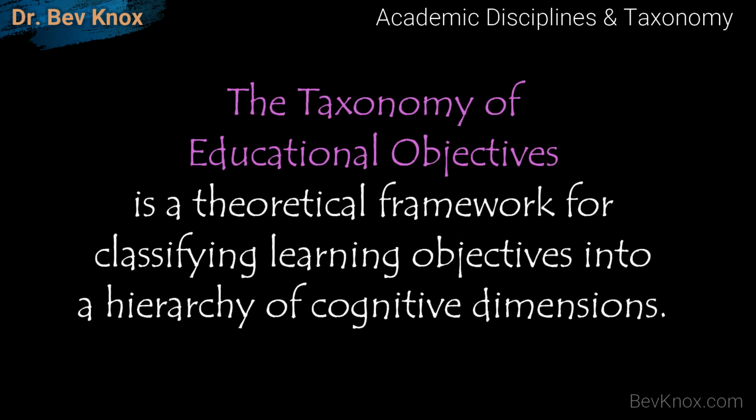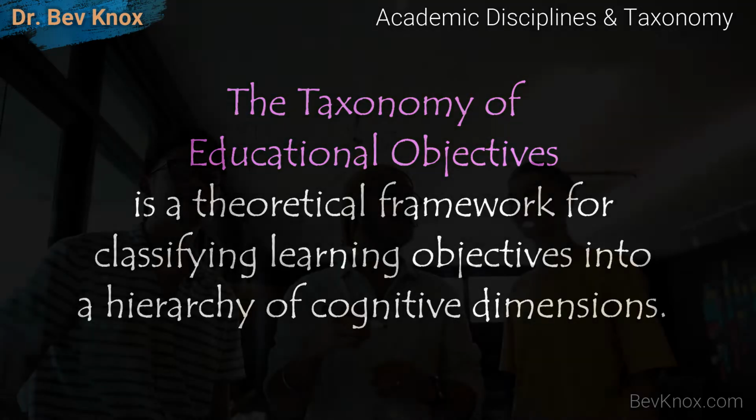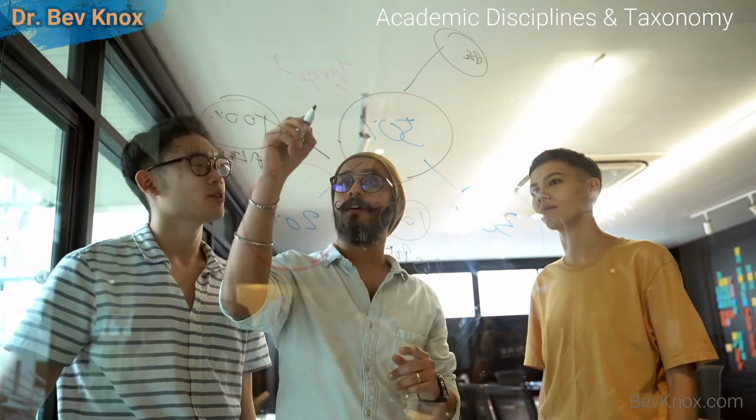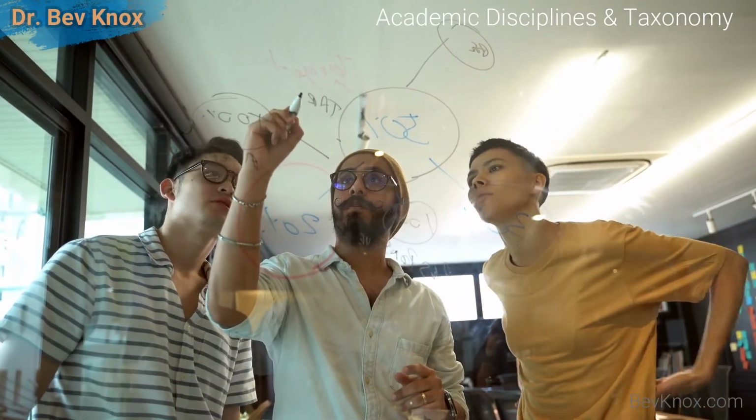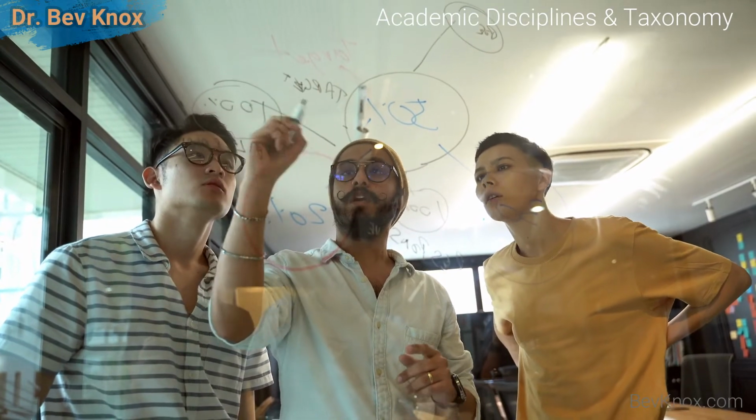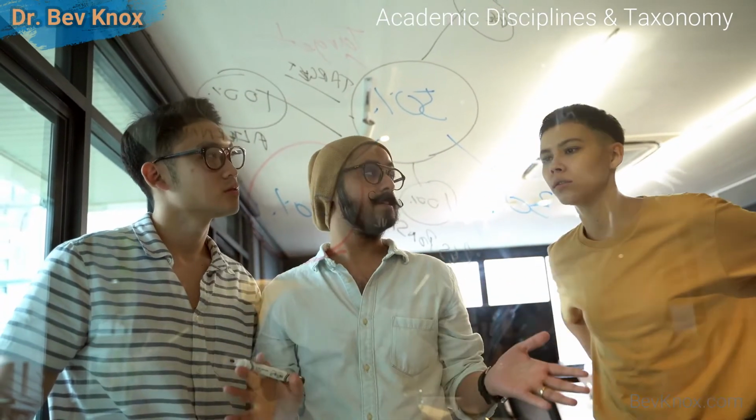So, the Taxonomy of Educational Objectives is a theoretical framework for classifying learning objectives into a hierarchy of cognitive dimensions. So when you think of the term taxonomy, I want you just to think of classification of categories.